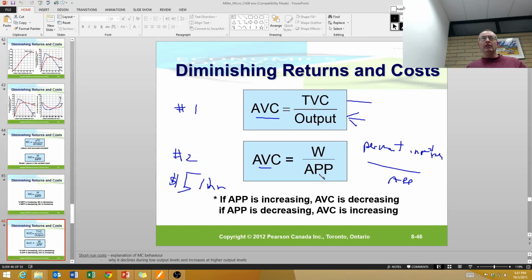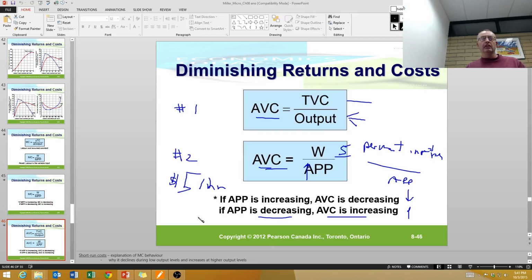So if W is 5 and it stays at 5, we can see intuitively that if we increase the denominator, the average variable cost is going to decline. And if we decrease the denominator, then average variable cost is going to increase.